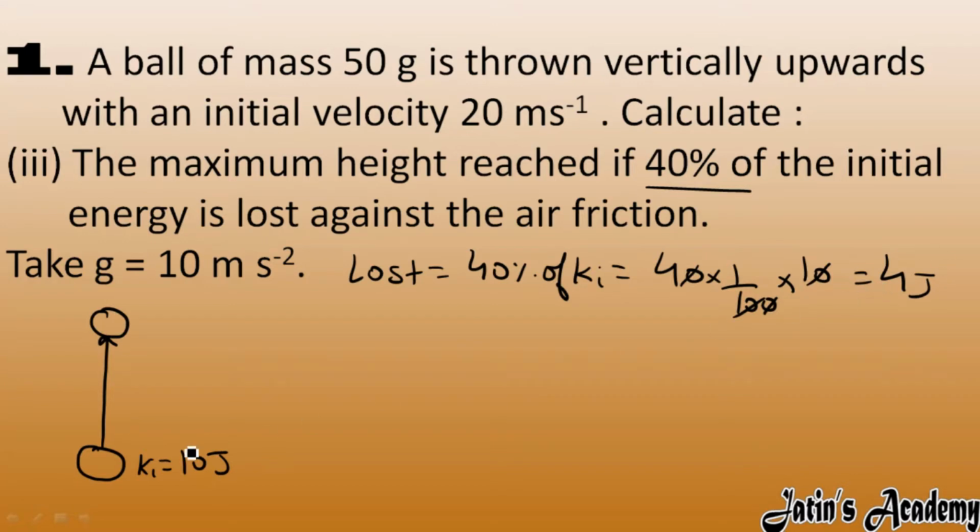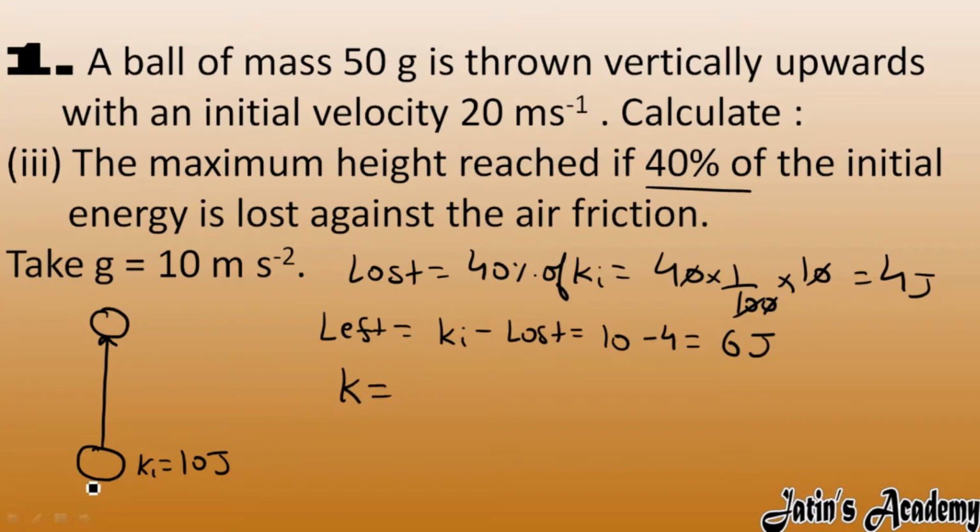If 4 joule energy is lost in the air friction, how much is left? The left energy is the initial kinetic energy minus the lost part. Initial kinetic energy is 10 joule, and 4 joule is lost, so the kinetic energy left is 6 joule. This new kinetic energy is now converted into potential energy to reach some height.